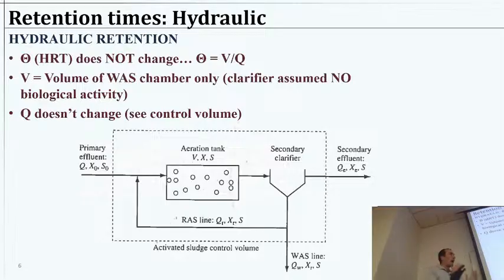Another item that we need to consider is not just the hydraulic retention time, which is obviously important, but we also need to know the cell retention time. How long does the bacteria stay in our chamber? So if we start recycling, we could have a situation where if we recycled all of the bacteria and they never go away, we're kind of like in an infinite holding pattern, which doesn't really make sense.